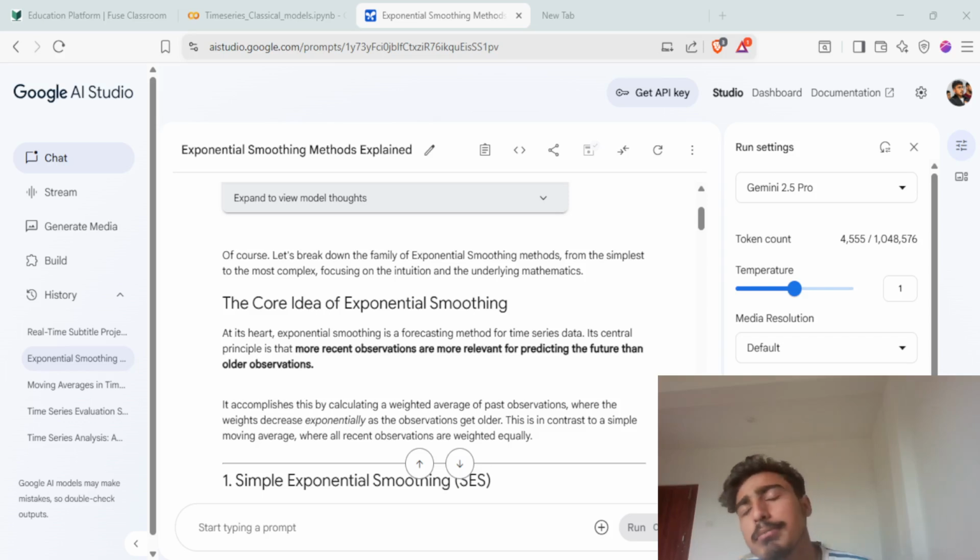That's the core principle which exponential smoothing is based on.